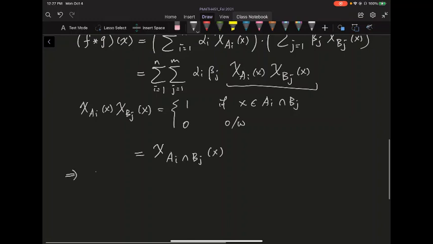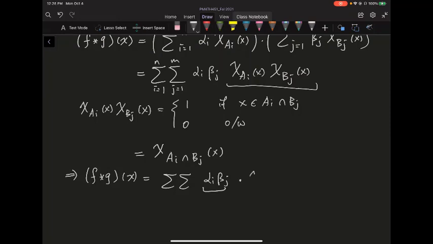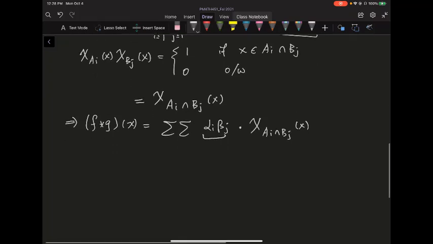So now you can show that f times g, the pointwise multiplication evaluated at x, is no other than this double summation of some scalar multiplied by this characteristic function of A_i intersect B_j. And this is again a finite linear combination of these characteristic functions.